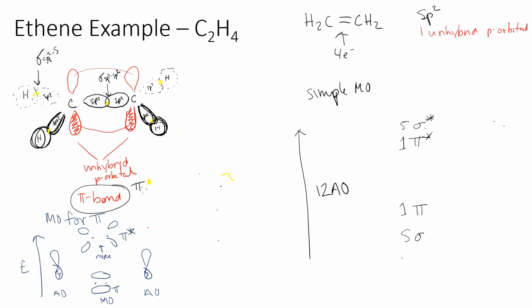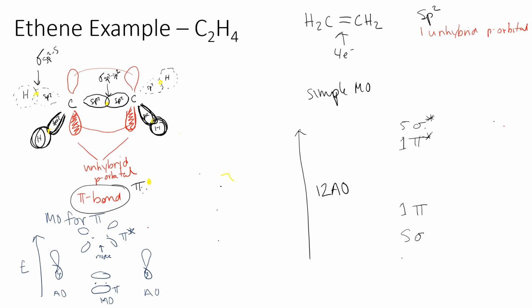So this is one of the orientations that you do want to watch for in terms of the energy levels, because sigma and pi do not have the same energy. They are not degenerate. Sigma bonding is typically lower in energy than pi bonding. Sigma anti-bonding is typically higher in energy than the pi anti-bonding orbitals.